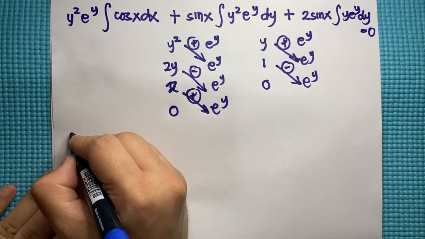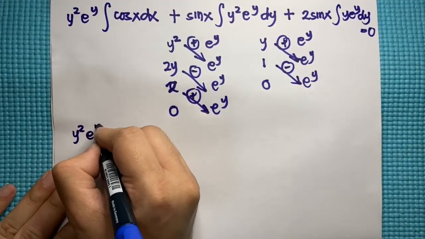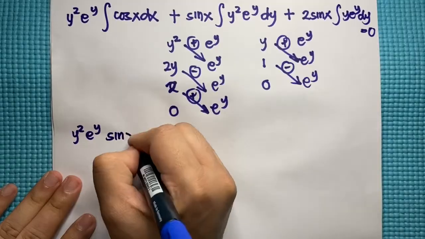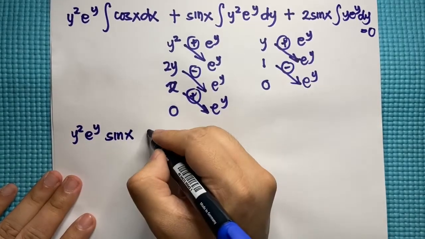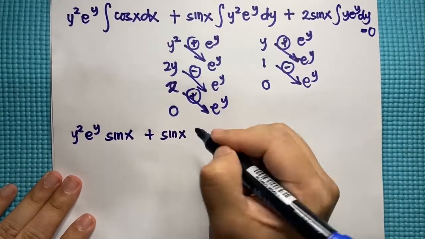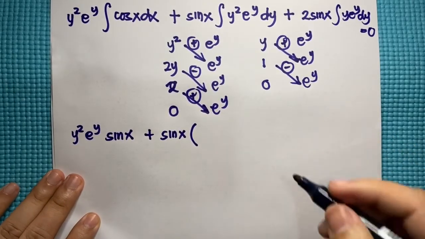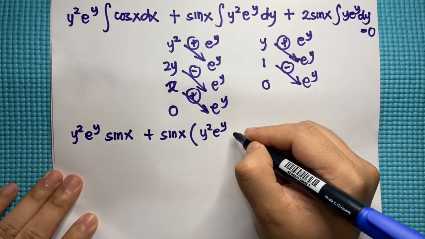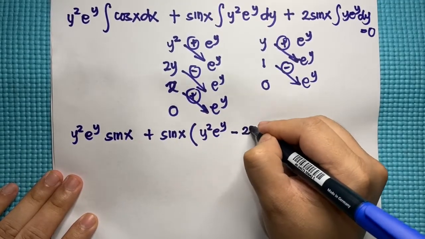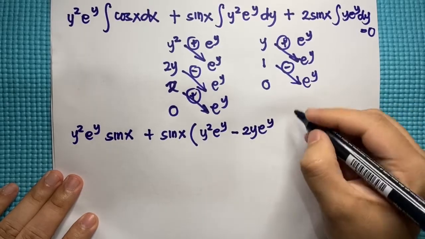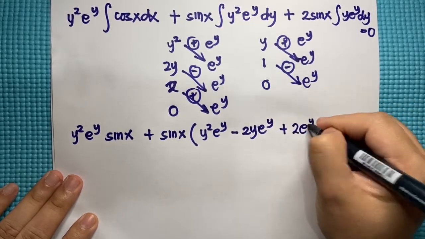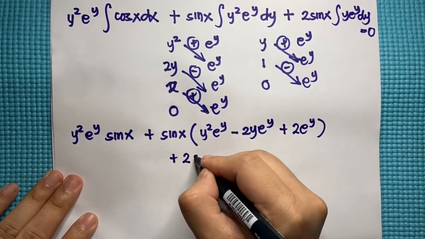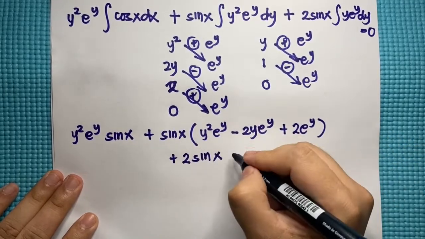So giving us our solution to be y squared e raised to y, integral of cosine x would be sine x, plus sine x multiplied with positive y squared e^y minus 2y e^y plus 2e^y, and then plus 2 sine x.